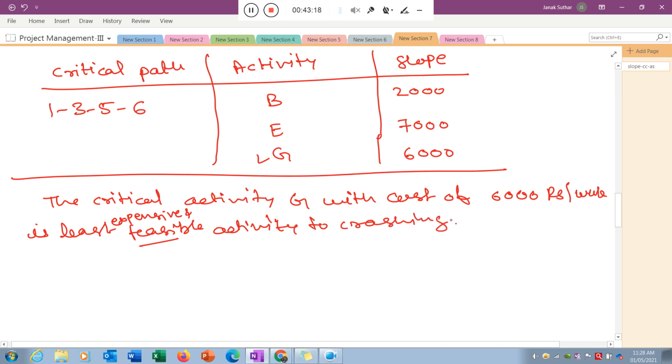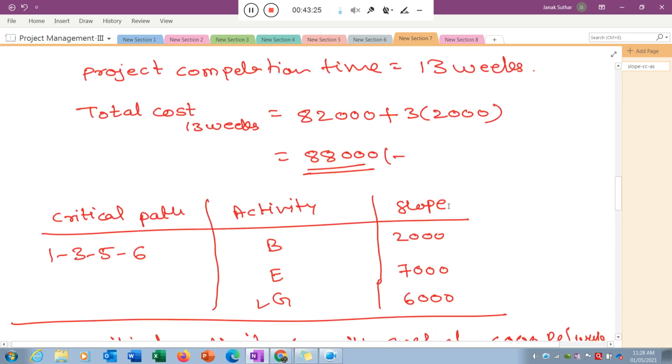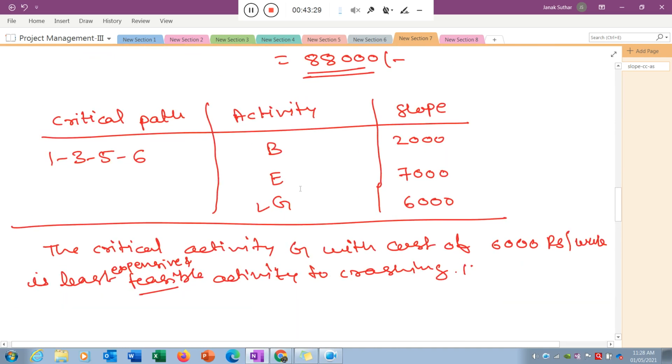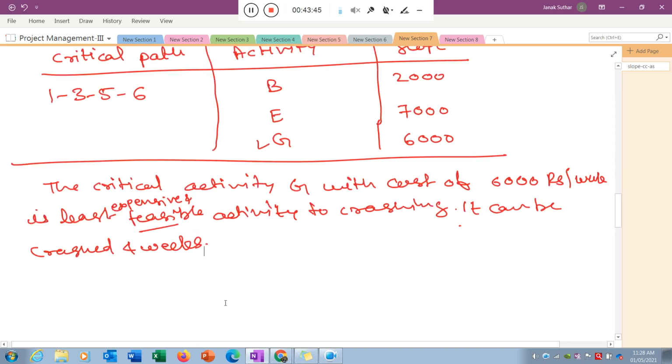Now it can be crashed by 3 weeks, as mentioned there. There is the feasibility of reduction, it can be crashed by 4 weeks as the feasibility is mentioned. I just write down here, so when you go again to this video, then you can understand all the things again.